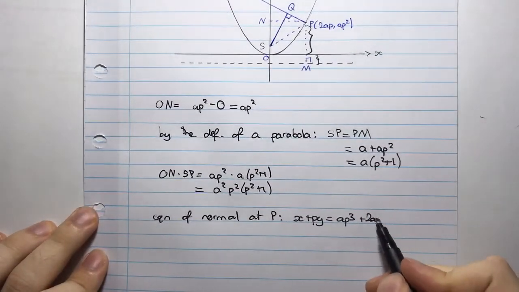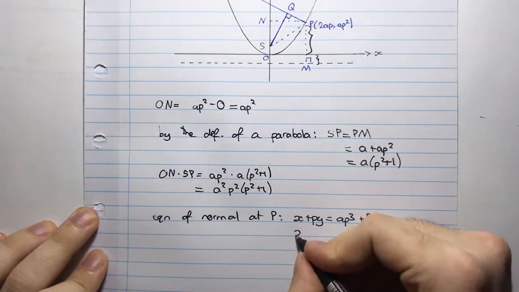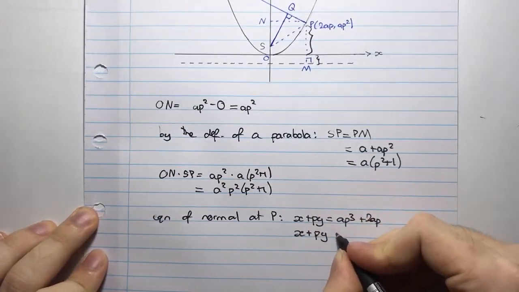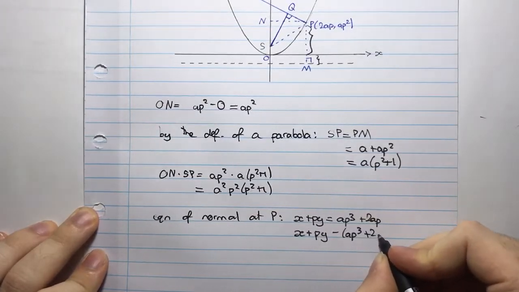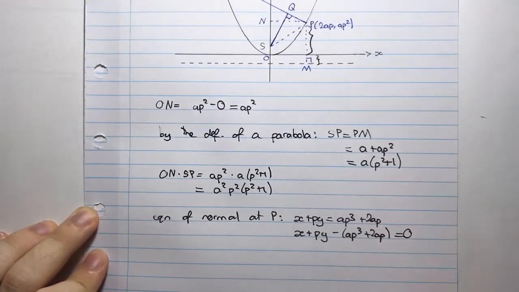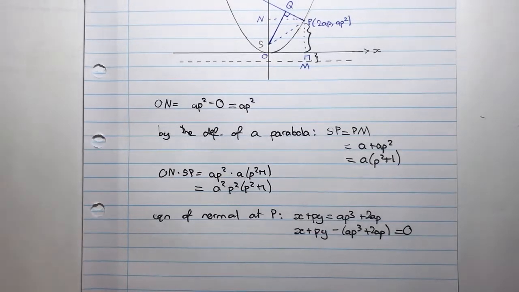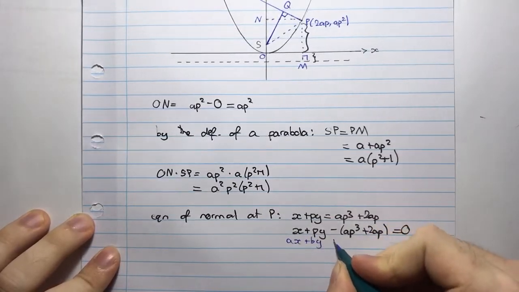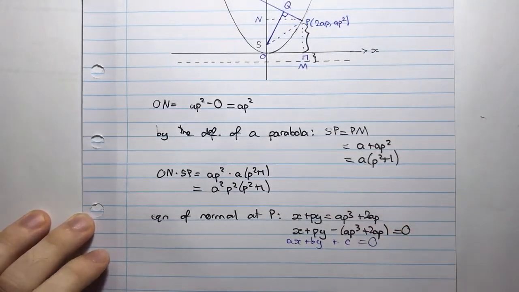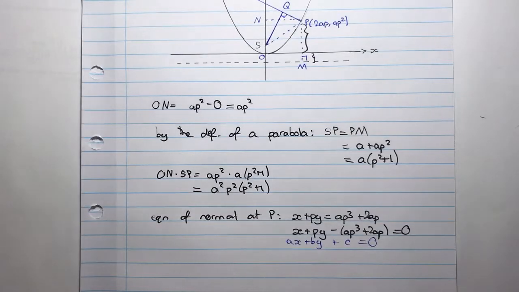Now let me move this over onto one side. X plus PY minus AP cubed plus 2AP equals 0. Now this is of the form AX plus BY plus C equals 0. That's good, because now I can go ahead and use my perpendicular distance formula.